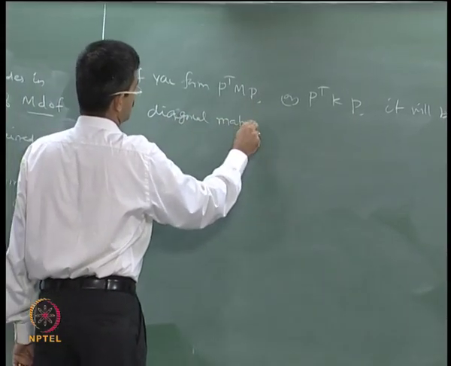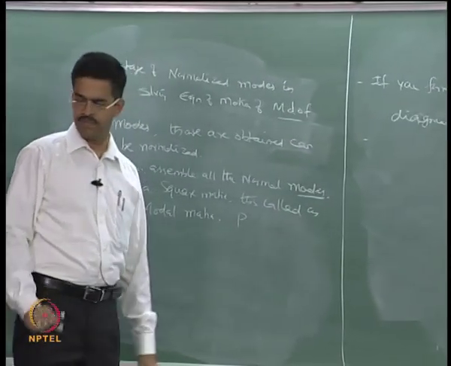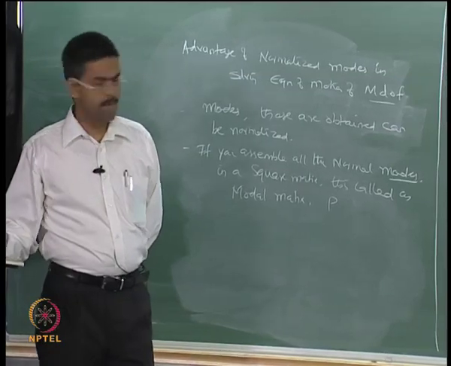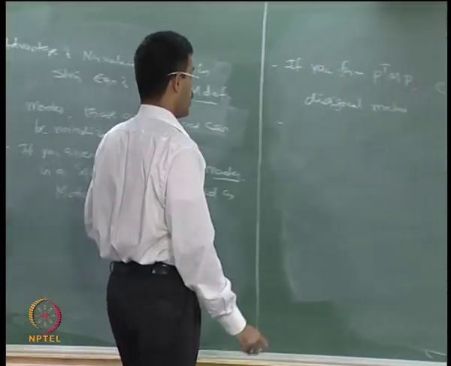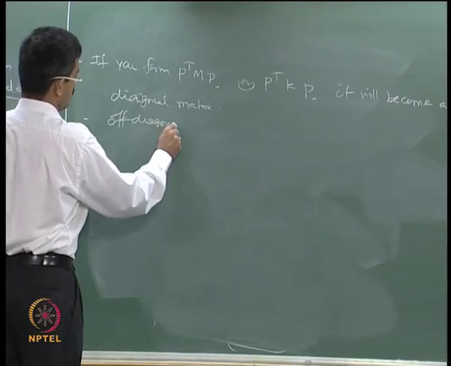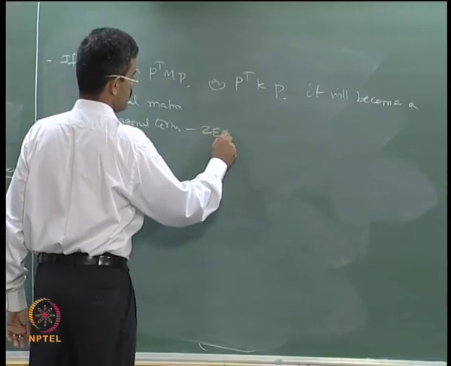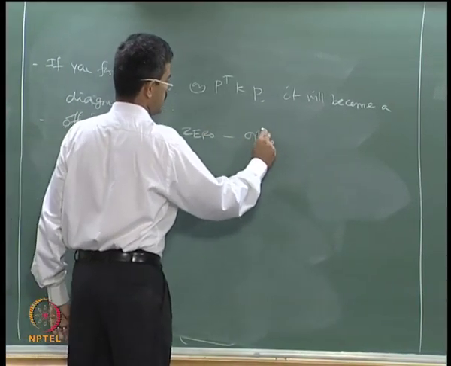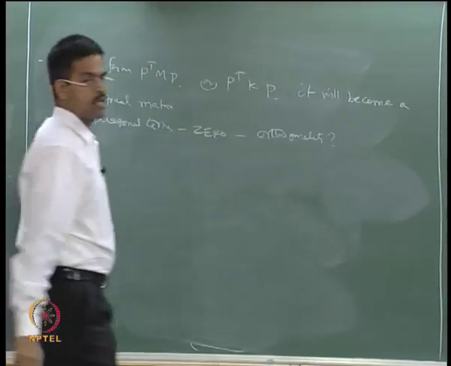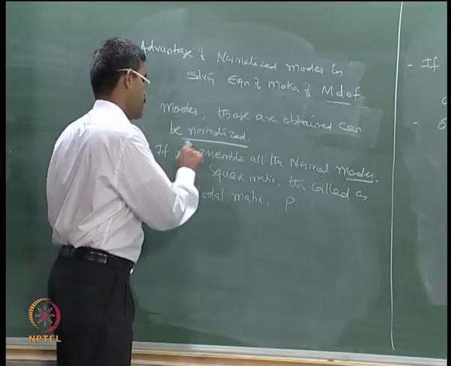Now, diagonal matrices are generally easy for solving them. Why? Because off diagonal terms will lead to 0 due to orthogonality. You may wonder where orthogonality coming into play. I already said P matrix is of normalized modes.